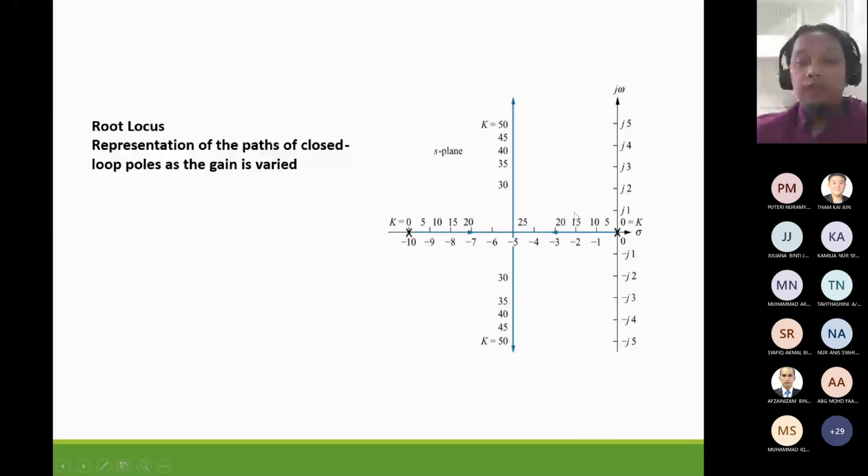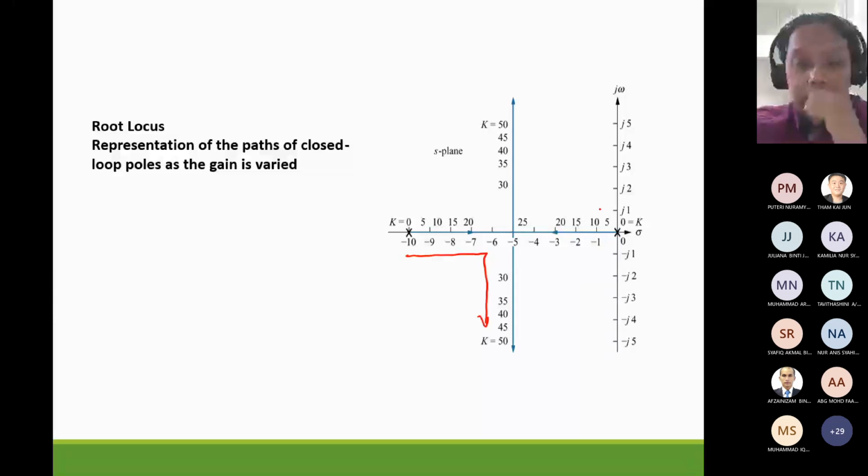One part of the graph starts from here and then moves downwards. The other part starts from 0 and then moves upwards. When you change the value of K, the poles also change. That created this graph.